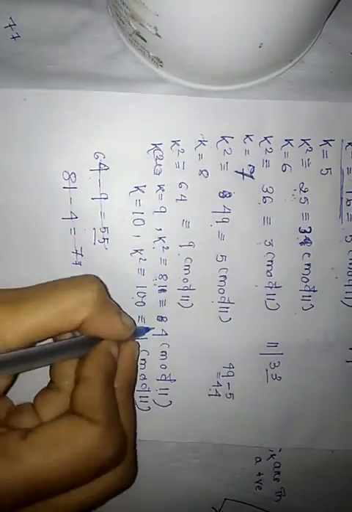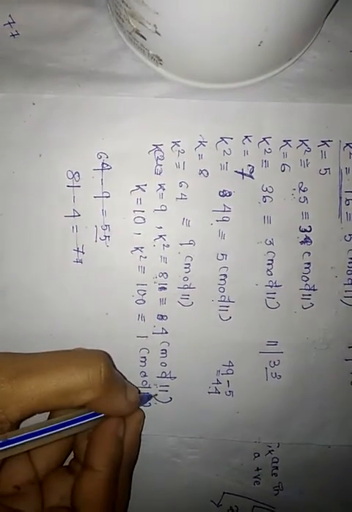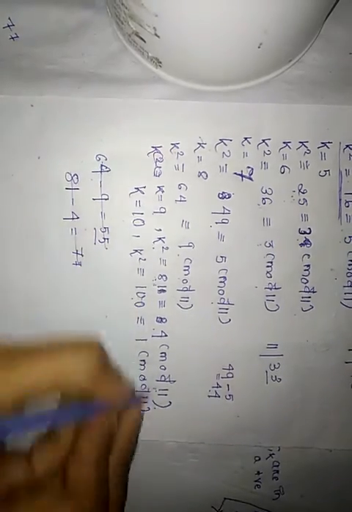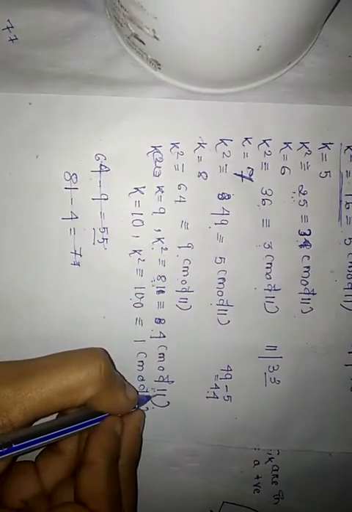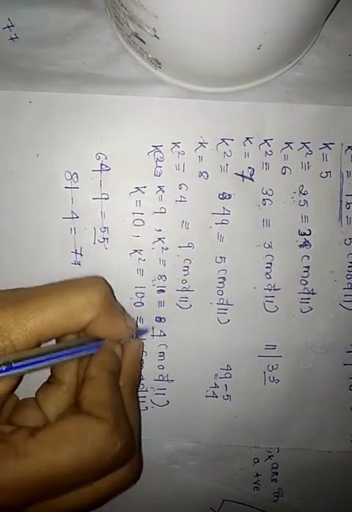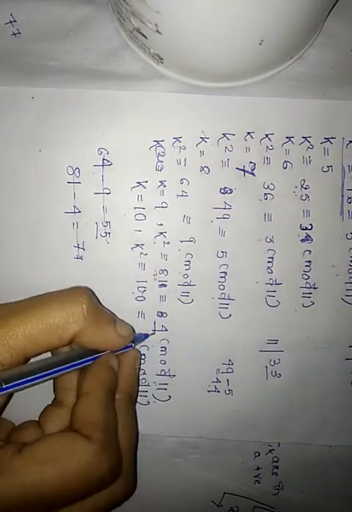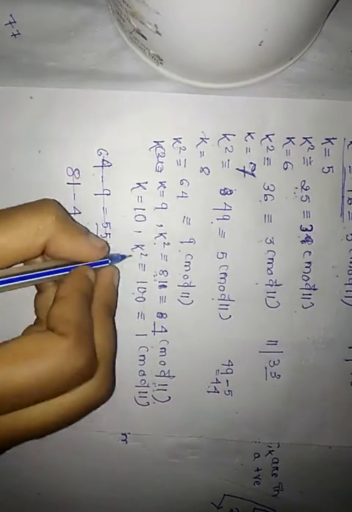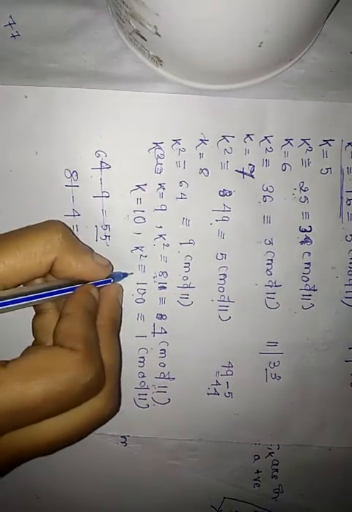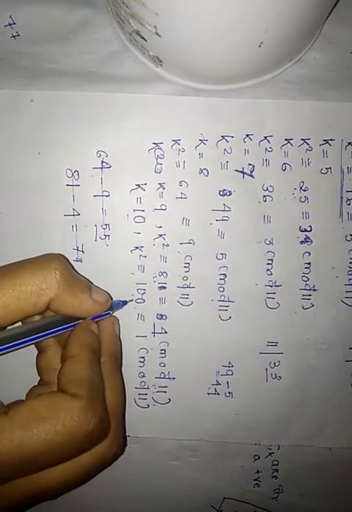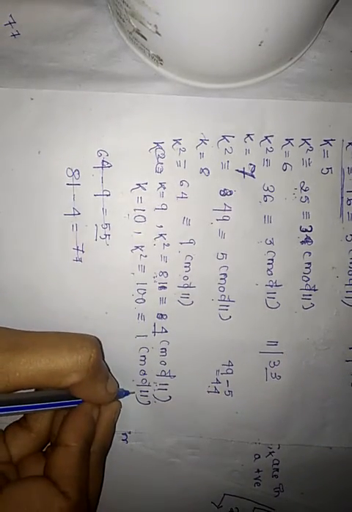Therefore, k squared is congruent to 4 mod 11, because when 81 is divided by 11, we get the remainder 4. Okay, similarly when k is 10, k squared is 100, which is congruent to 1 mod 11, because 99 is divisible by 11.